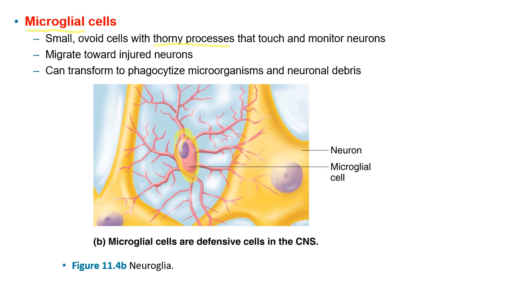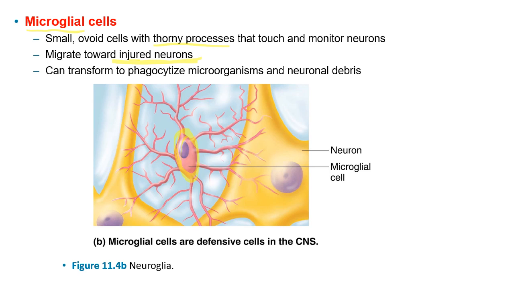Basically they monitor neurons, but one important aspect of microglial cells is that they go towards neurons that are damaged, and they try to help the environment and help the situation there with that damaged neuron.